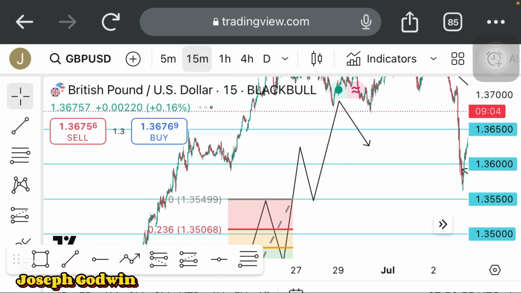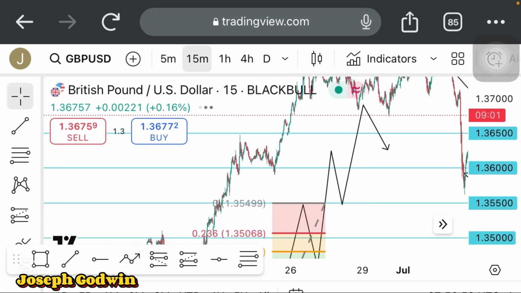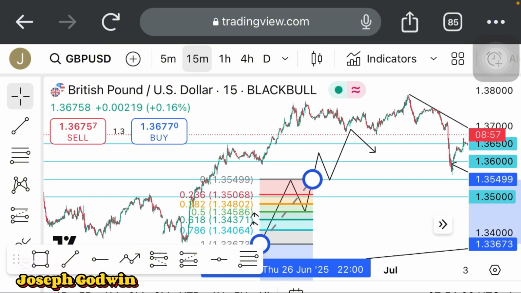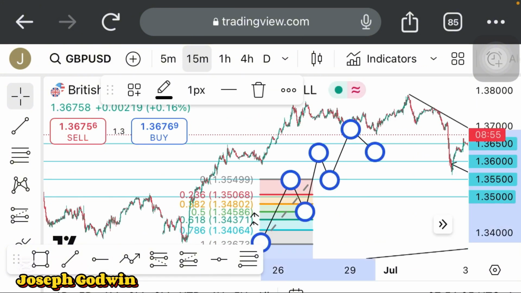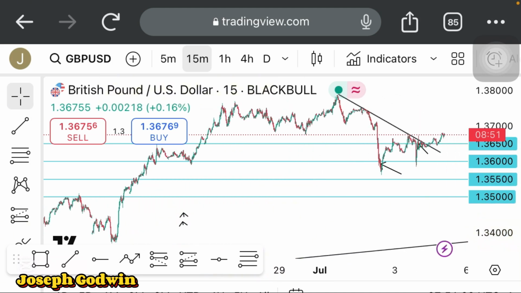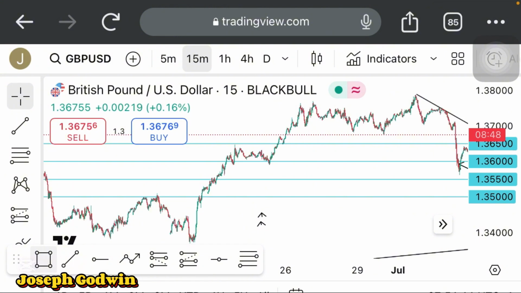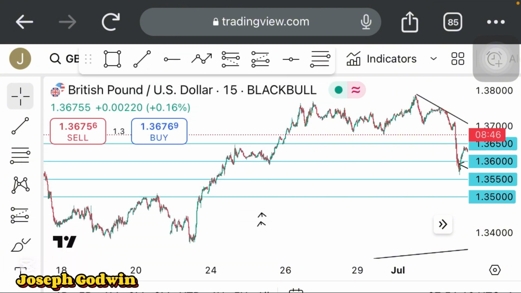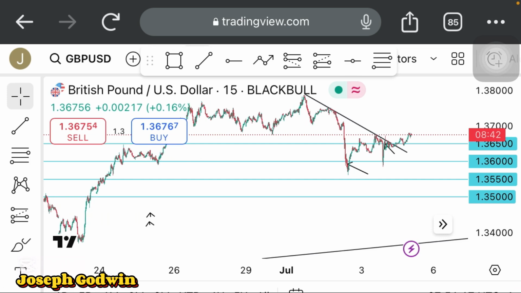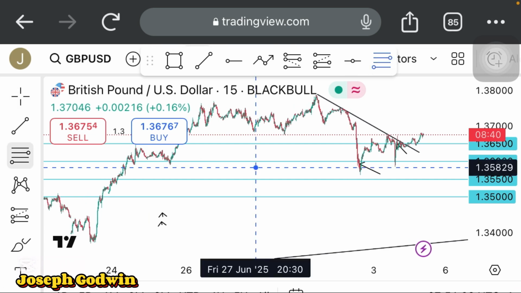Now, as you can see, we have an uptrending market here right now. Let me delete all these things so that our chart won't look messy. As you can see from this side, the market is going up, like I said earlier. So let's plot our Fibonacci strategy like I explained.